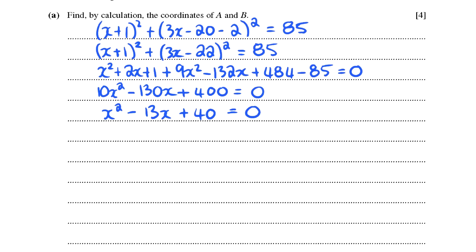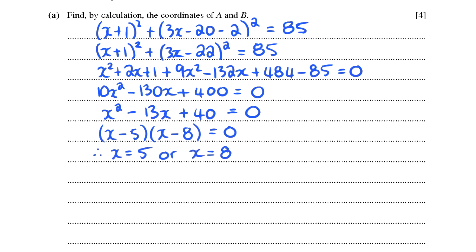Yeah, 5 and 8. -5 and -8 add to -13, and -5 and -8 multiply to 40. And so we have (x - 5)(x - 8) equals 0. Therefore, x equals 5, or x equals 8.